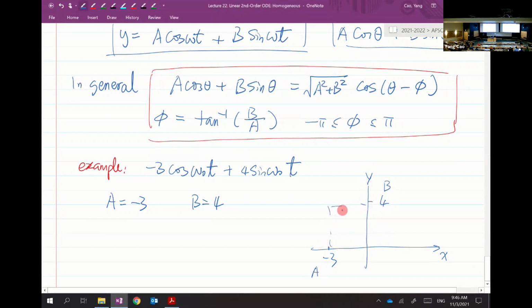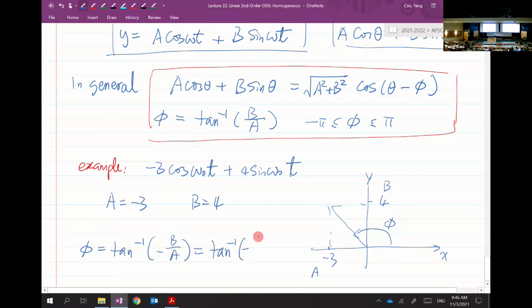So given -3 and 4, this is how you define the phi angle. Now you can calculate using your formula.